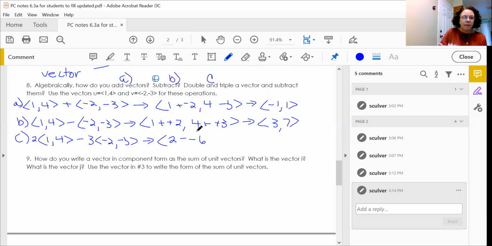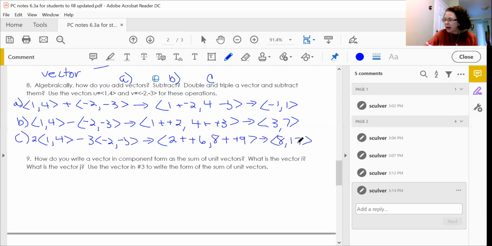So we are simply multiplying the horizontal components by their scalars 2 and 3 and subtracting them. For the vertical, 2 times 4 is 8 minus 3 times -3 is -9. And our resultant vector is 8, 17.